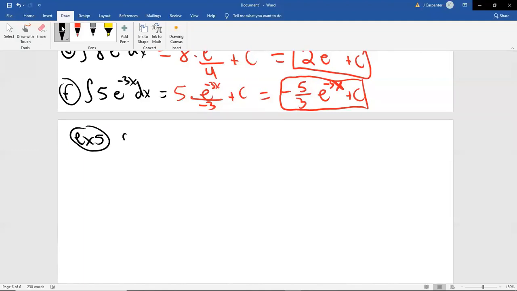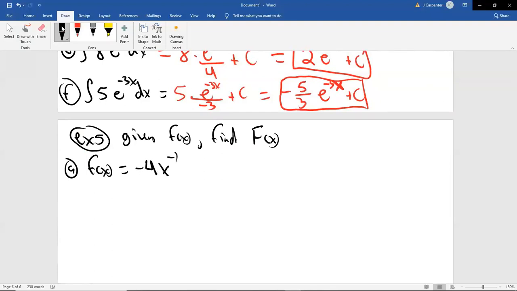So we're going to say given f of x, find capital F of x. So little f of x is going to be equal to negative 4 x to the negative 1 plus 3 x to the negative 2.